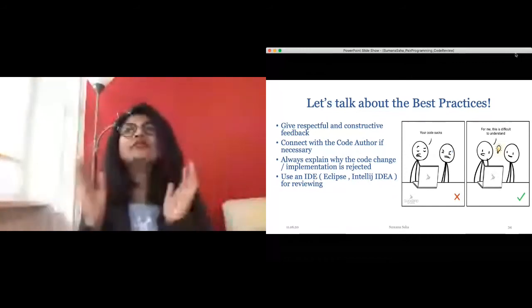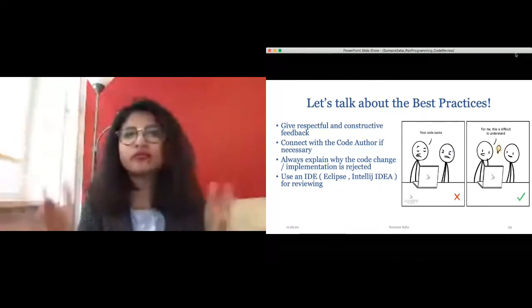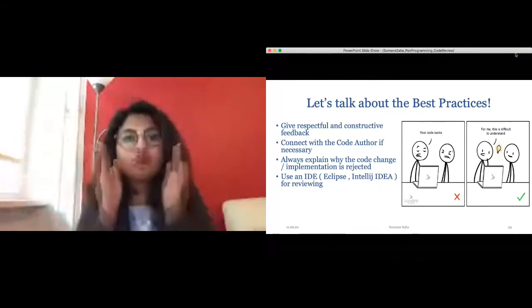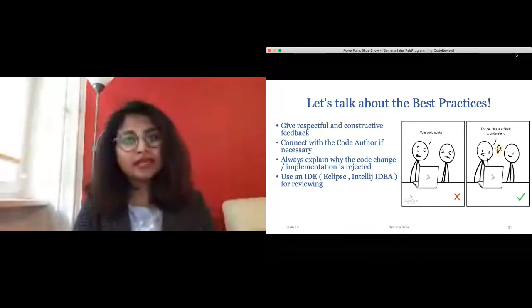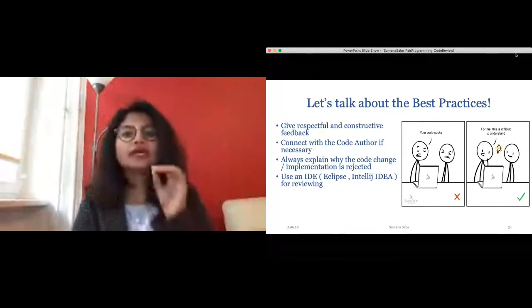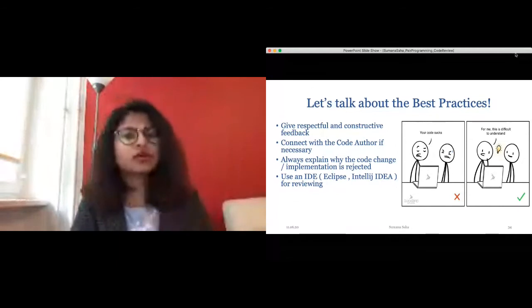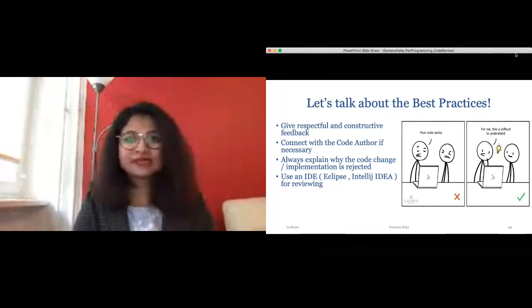You can't just guess where a particular utils file is located. So you have to be really focused when reviewing code. Then avoid big comment threads for discussing issues. It is important to write small comments or communicate with the code author and then discuss things.